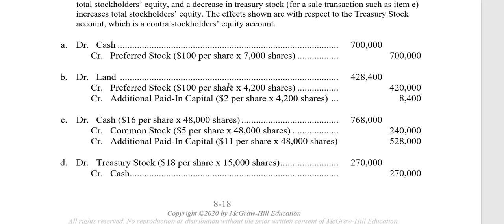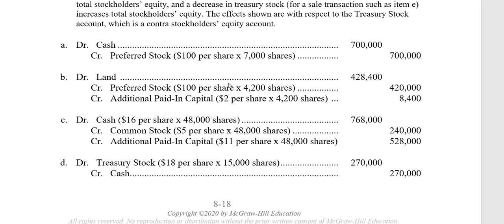And so what happens, though, sometimes is that there comes an opportunity where we can issue preferred stock as a company and swap it for land. So we're getting an asset that the company can use to grow, land, if you will. And when we do that, though, we're going to issue the preferred stock at its par value. Okay, we're going to give them 4,200 shares for this land, and then we're going to record the fair value of the land.